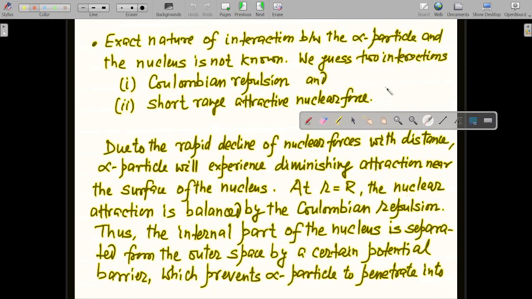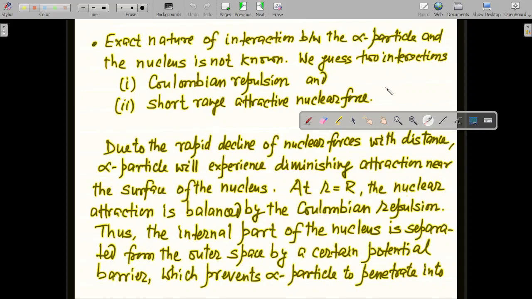We cannot actually predict something 100% because we cannot see it, so we have to do experiments and infer from those results.